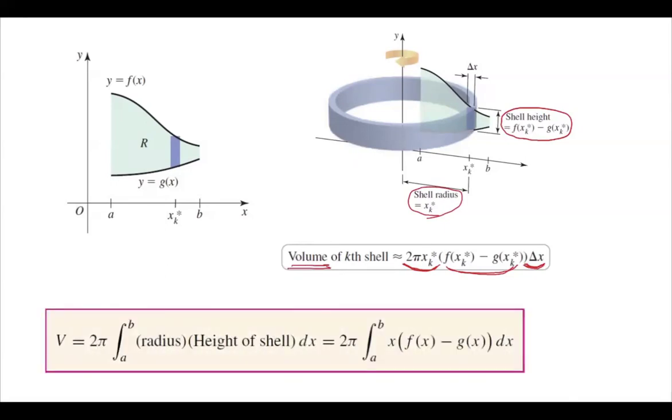Now, the volume of this 3D object, or the solid, is 2 pi times the definite integral of radius times the height of the shell dx, or mathematically it is 2 pi times the definite integral of x times f of x minus g of x dx, as x ranges from a to b.